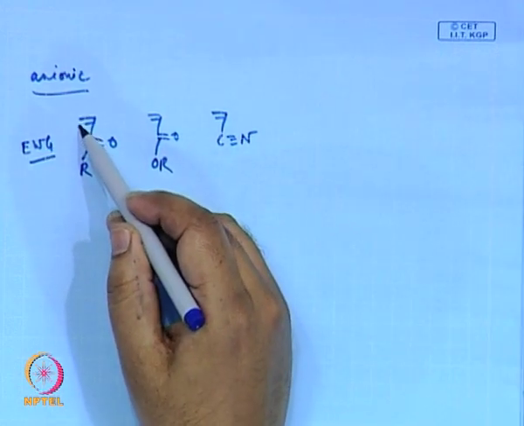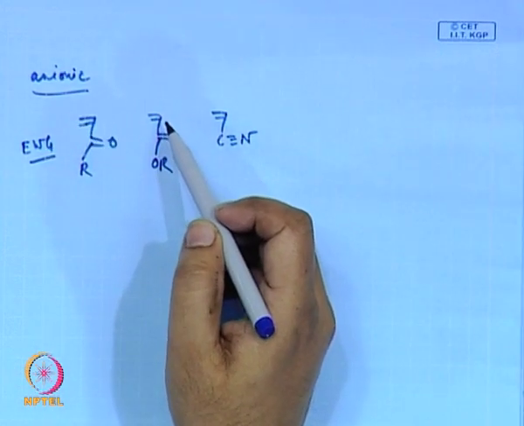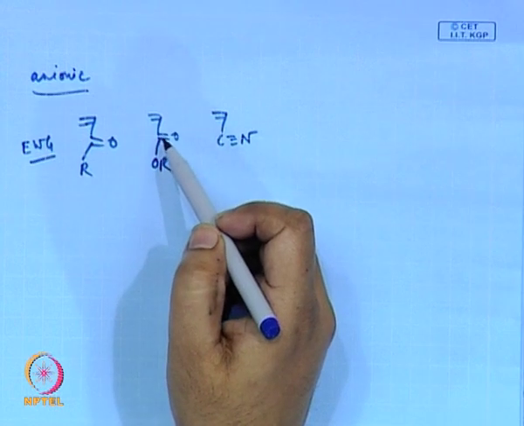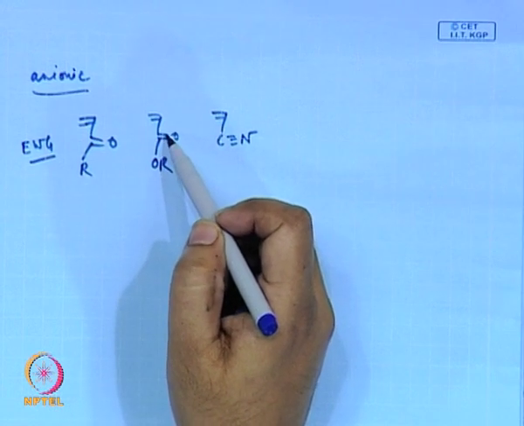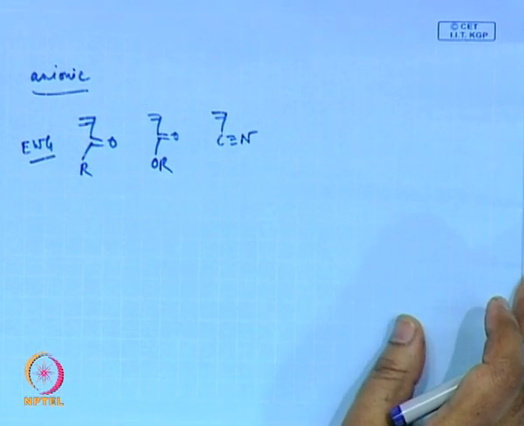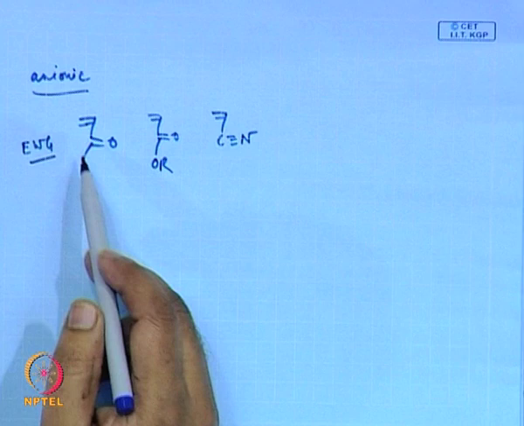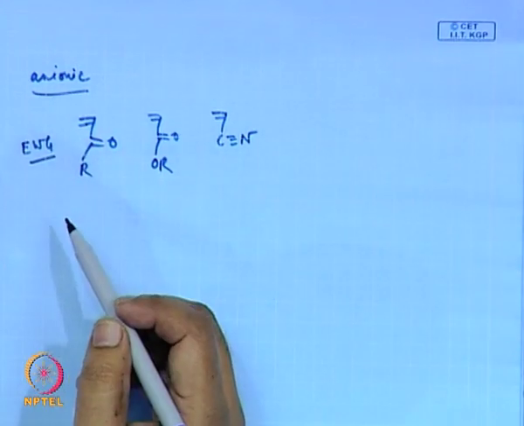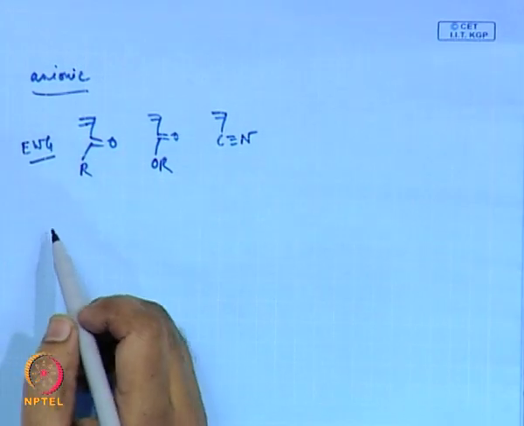This can be polymerized anionically, because the resulting anion can be stabilized by resonance with this carbonyl bond. So, in that sense, anionic and cationic polymerization are very selective.